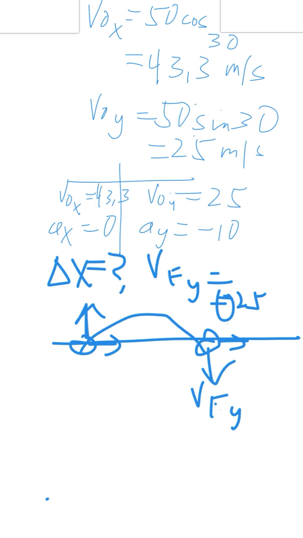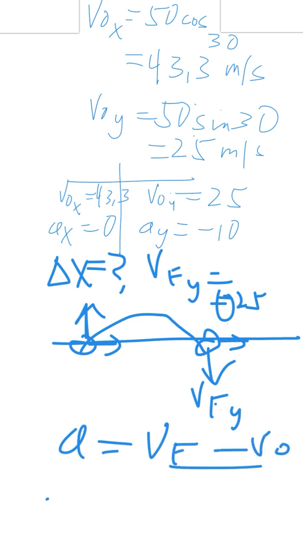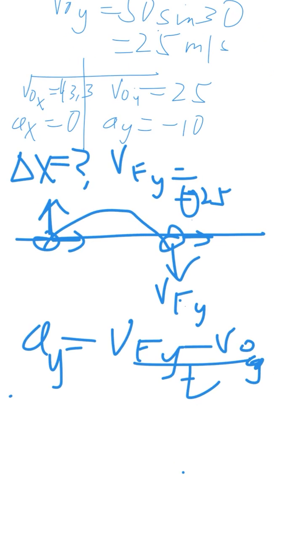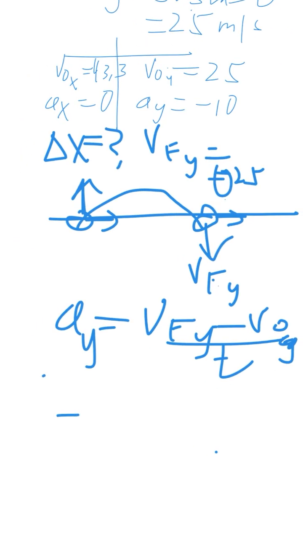Okay, so we can use A equals VF minus VO over T. We're using the Y values. So VFY, okay, let's plug in numbers. We're trying to find T as the point.